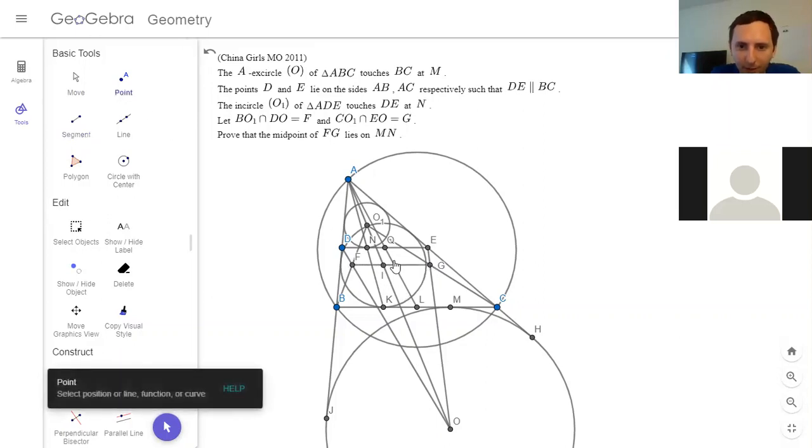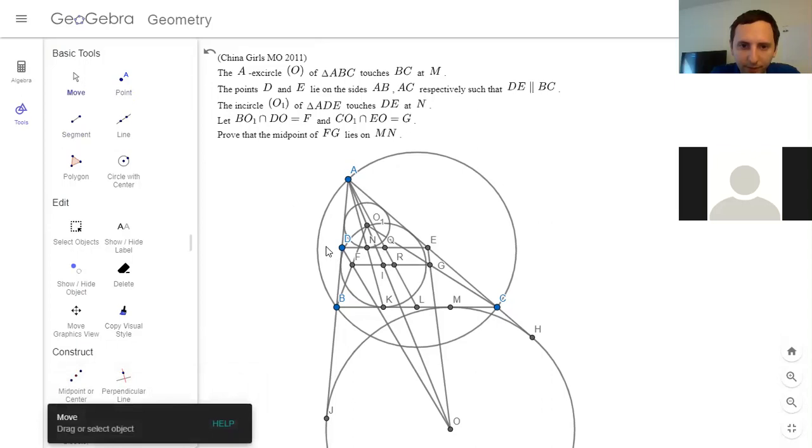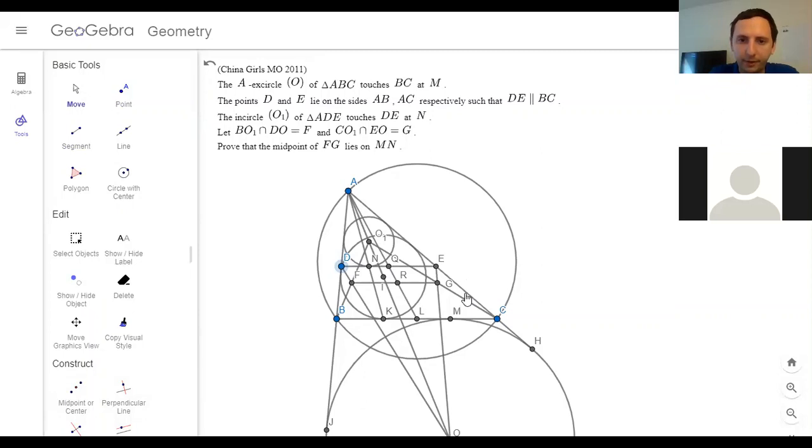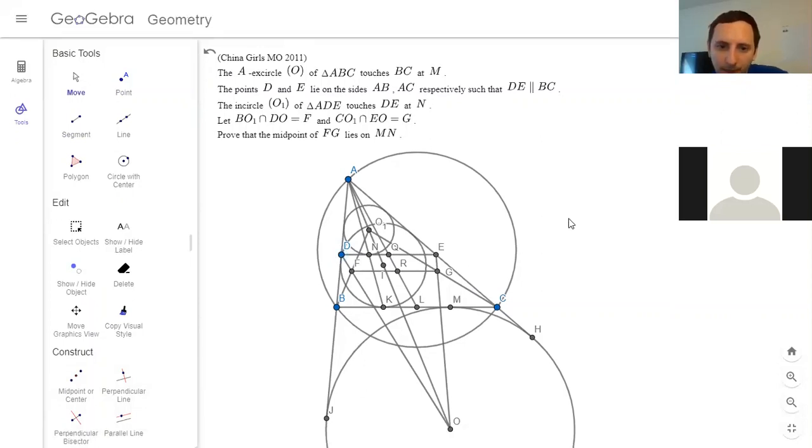It doesn't pass through I, that's just a coincidence. You have an idea? We want to show N, R, and M are collinear. And maybe that's obvious, isn't that true just by ratios?